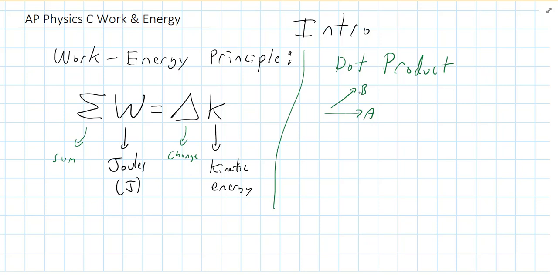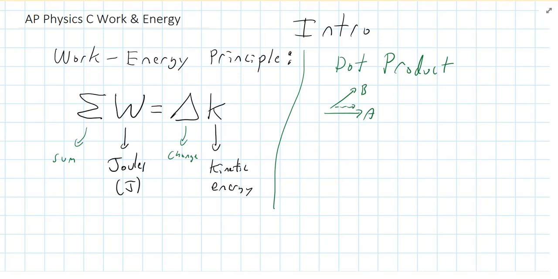Now, a dot product can be a plus, a minus, or a zero, okay? Now, if you look at A and B, they're not parallel, but a component of B is parallel to A, right? So you would have, in this case, a positive dot product, okay? So the vector dot product is a measure of how parallel the vectors are.